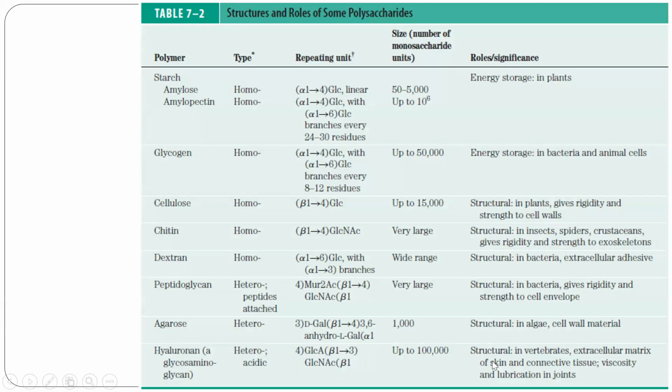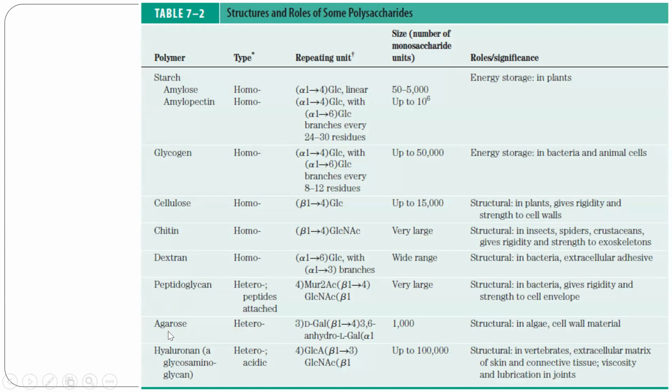Okay, so where can you find this one? It's structural. You can find this in connective tissues, and in lubrication and viscosity. Okay, so it's very viscous and it's used for lubrication.